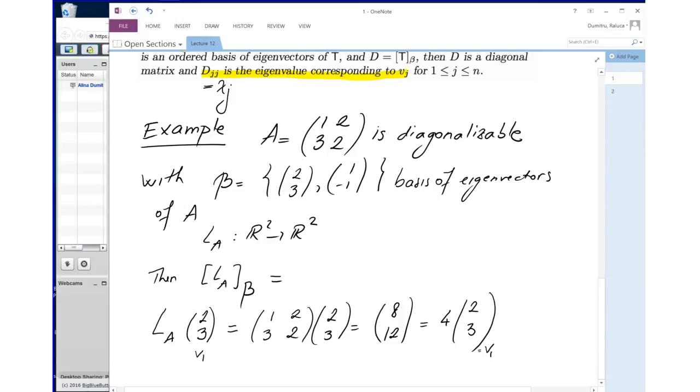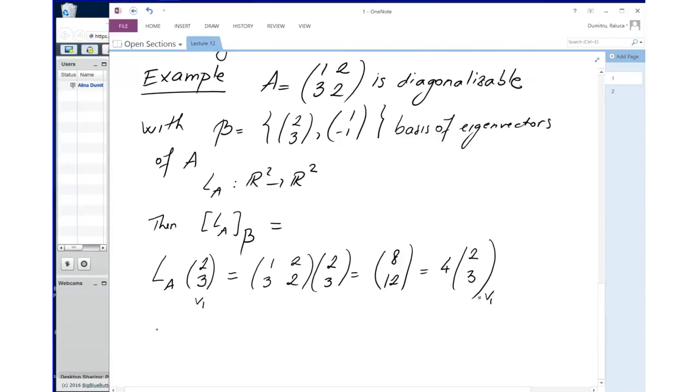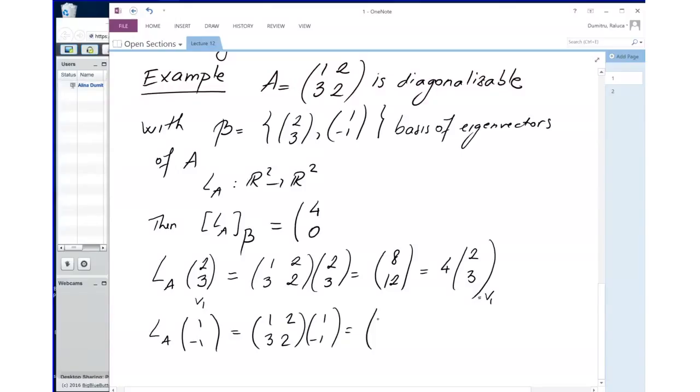So 4 is that value of lambda 1 that we talked about before, the scalar. And that makes the first column of the matrix (4, 0), right? 4 times the first vector in the basis plus 0 times the second vector. And then L sub A of (1, -1) is what? (-1, 1).